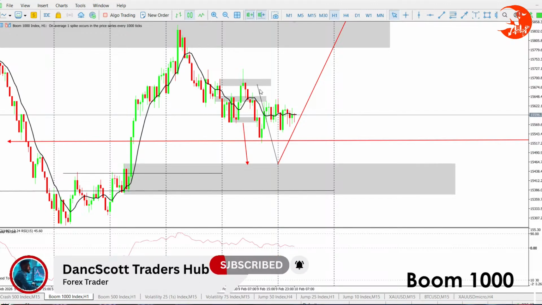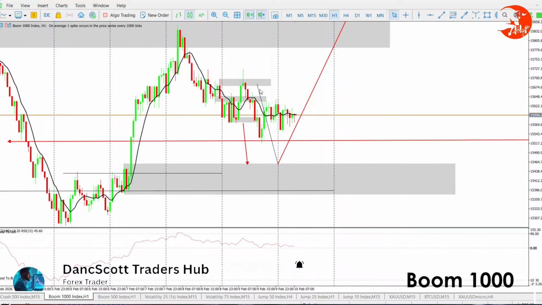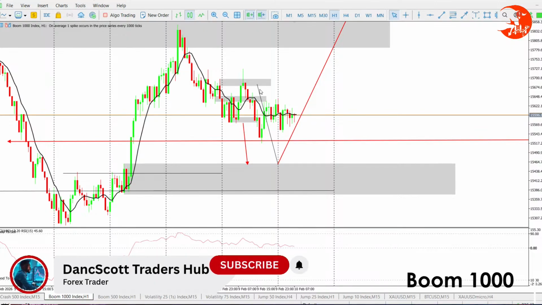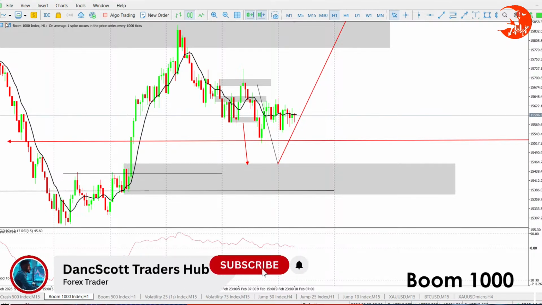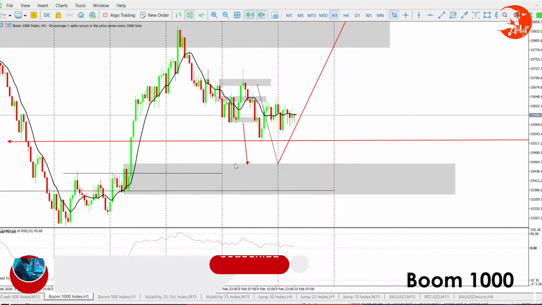Yeah, that's perfect. Concentrating on one asset is also very good because you can make enough money, your target of the day, from one asset, from one trade. So it's also very good. It's a good strategy to concentrate on one asset. All right, so Boom 1000.